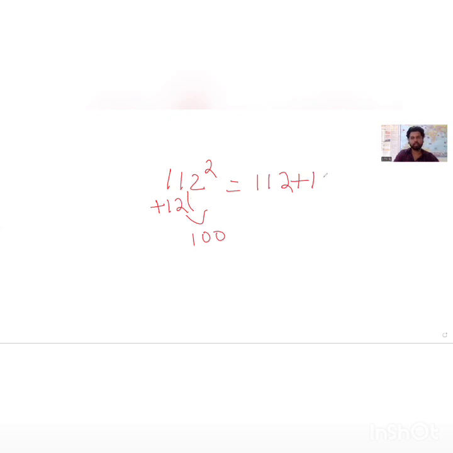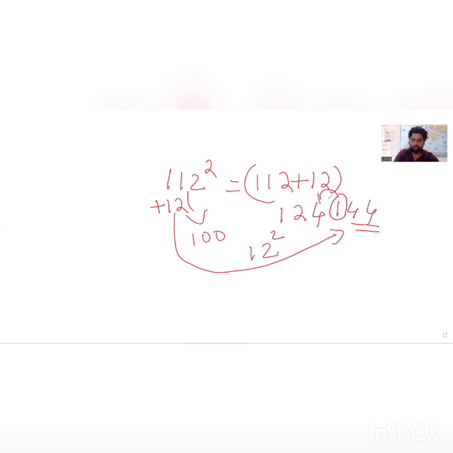It is 12 greater than 100, so we need to add 12. So 112 plus 12 is 124. Then the next step remains the same, that is square of the difference. Here difference is 12 and 12 square is 144. But again, we only need 2 digits after taking the square of the difference. So this 1 is extra, so we need to add this 1 to the next term. That is 124 plus 1 will give you 125, and 44. So 12544 is the square of 112.